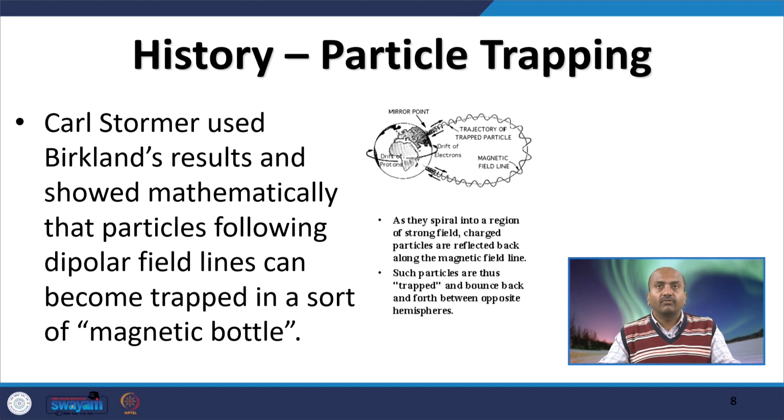down the magnetic line of force, and as a result of this mirror force, before entering into the very strong magnetic field, the parallel component of velocity vanishes, and the perpendicular component of velocity will just make sure that the particle retraces its path and moves towards the other side or other pole.